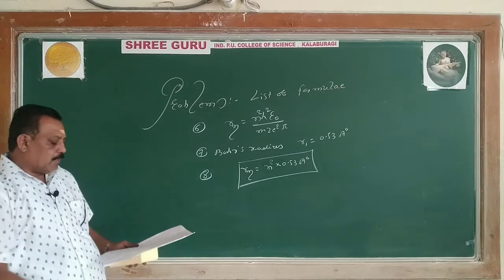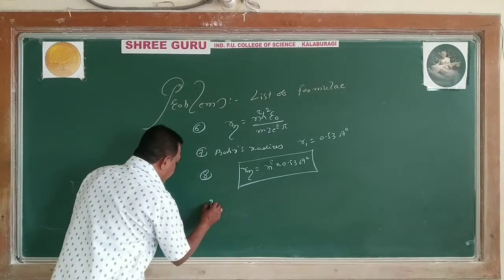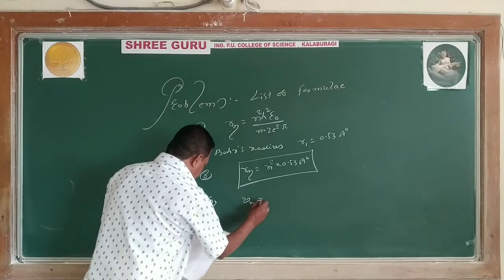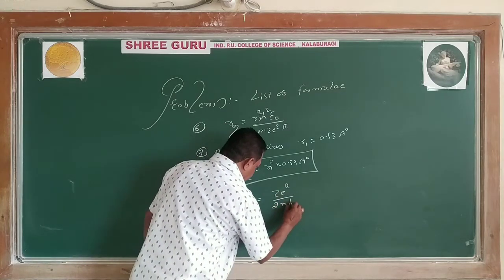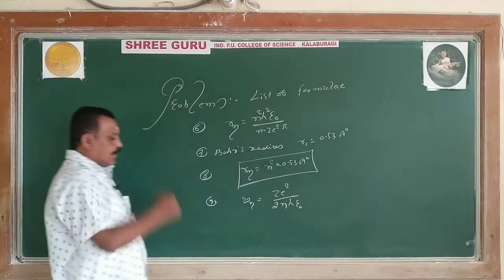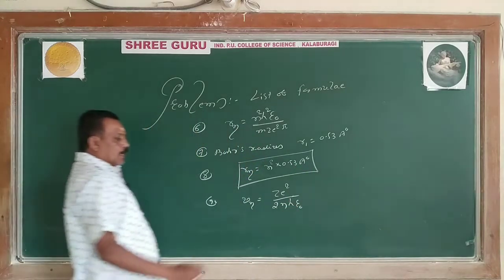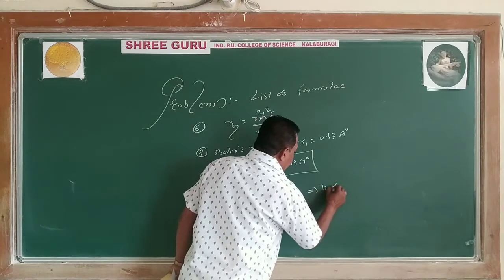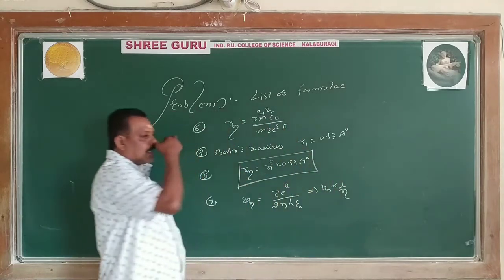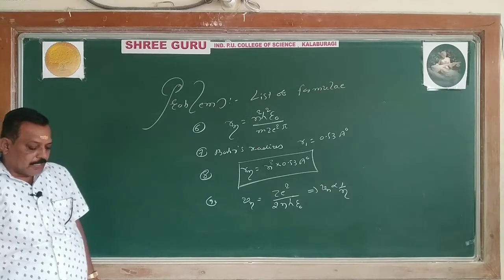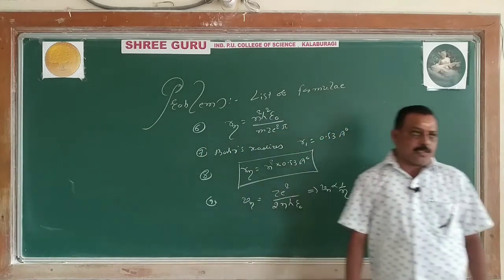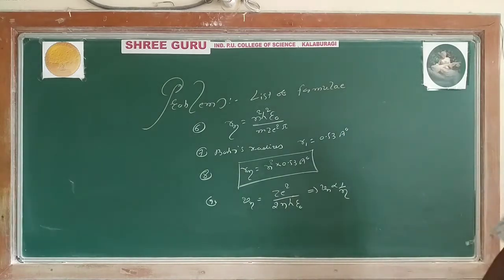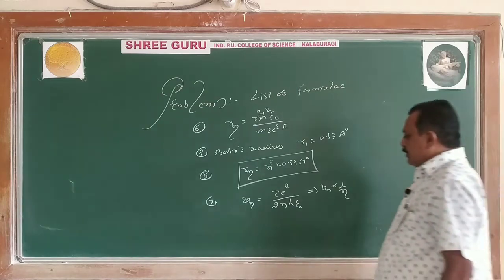Then the nth orbital velocity: Vn equals Z e square divided by 2 n h epsilon naught, where n is the orbital number. That indicates that Vn is inversely proportional to n. As n increases, the orbit number increases, and the velocity of the electron in that orbit decreases. The last orbit's electrons possess lesser velocity.